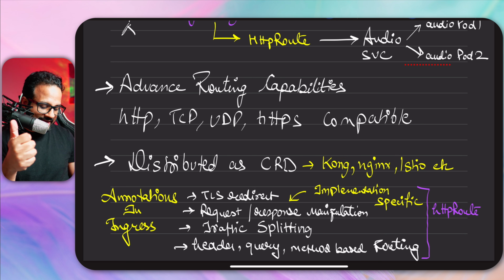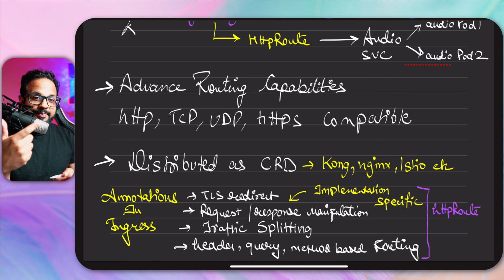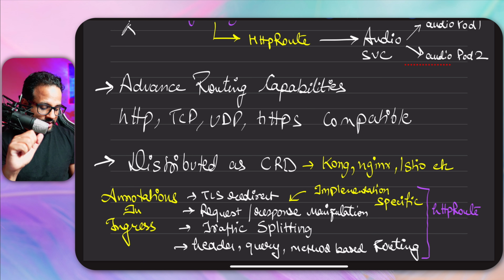So that means these annotations are implementation specific. Based on the type of Ingress you are using, you have to use the corresponding annotation. So there is no standard way to write the YAML for it. It will be different for every other implementation, so it will be difficult to migrate between these resources.